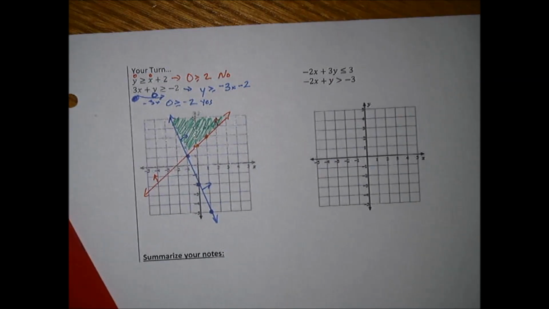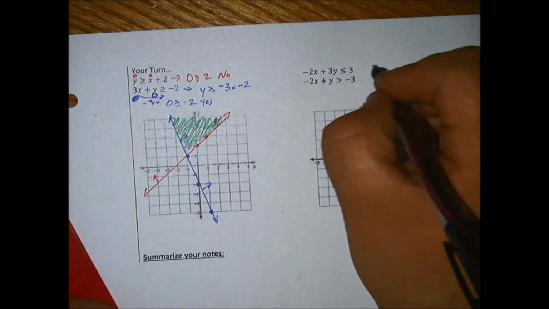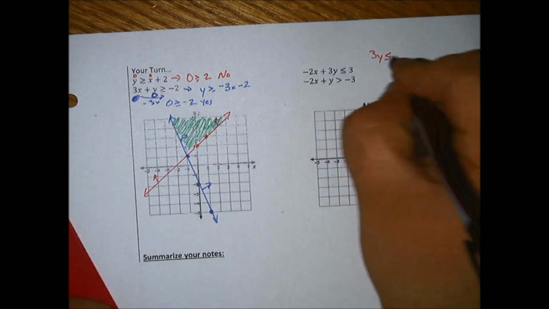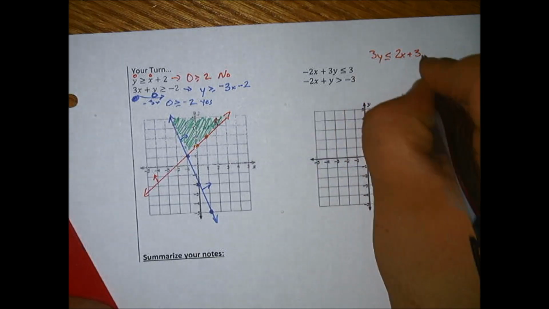So the last one that we have here, I'm going to turn them both into slope-intercept form because they're kind of ugly how they're given to us. Let's go ahead and look at this first one. So I want to move the 2x over, so I have 3y less than or equal to 2x plus 3.